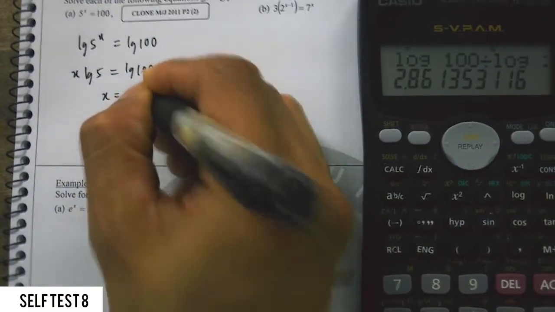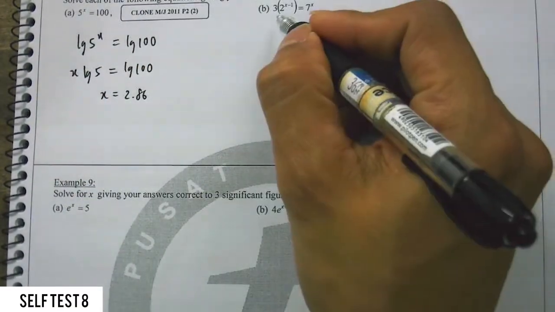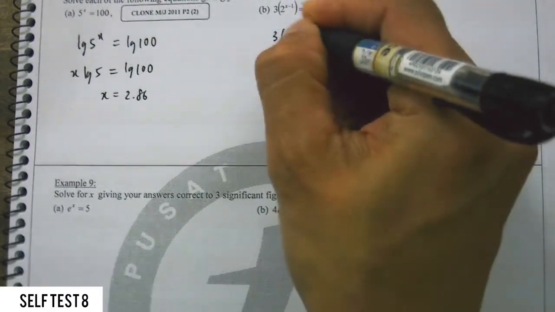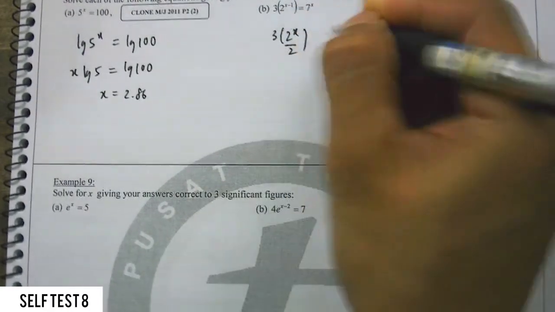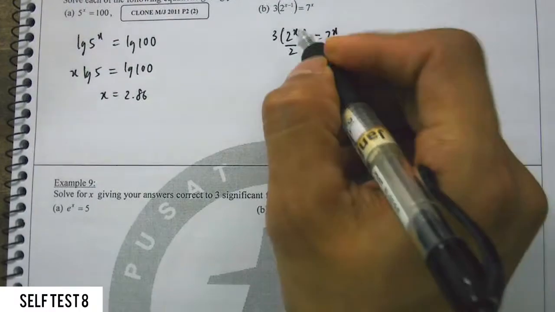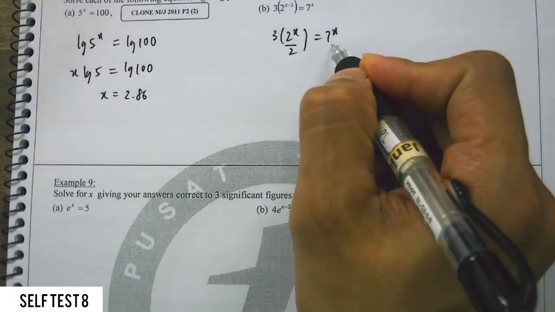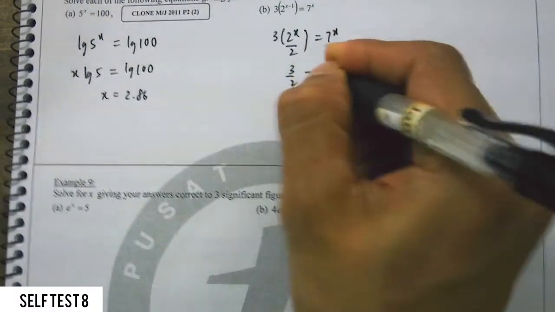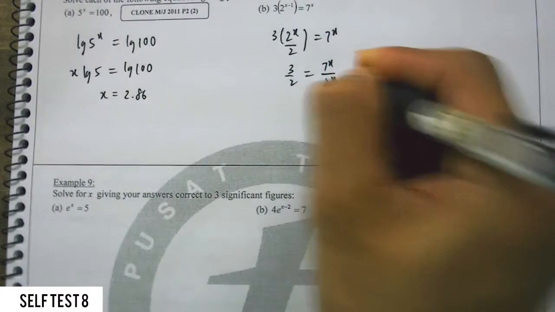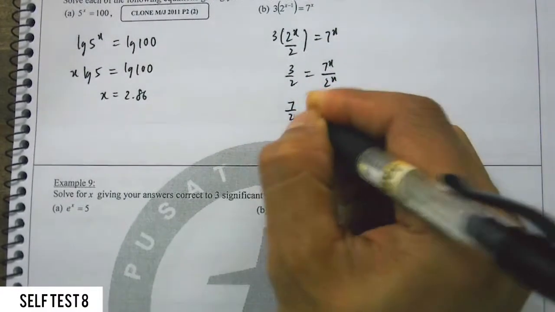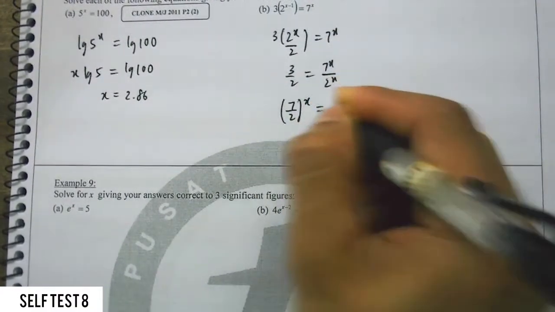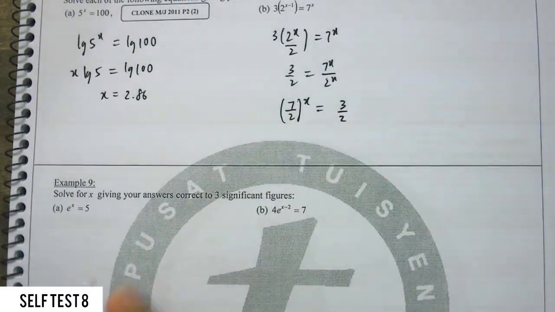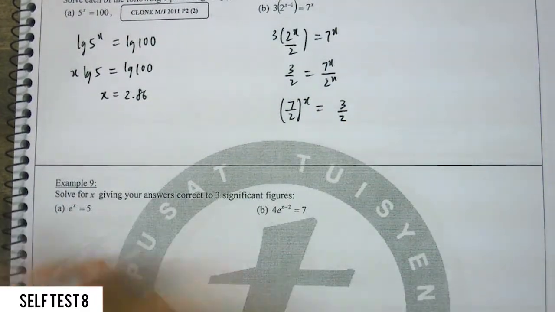Okay. The second one now. You cannot multiply first. You should break this up. Now I would bring the 2x down. So you get 3 over 2, 7x over 2x. Now these two we can put together as 7 over 2 power x, and this is 3 over 2. We take out the common factor.